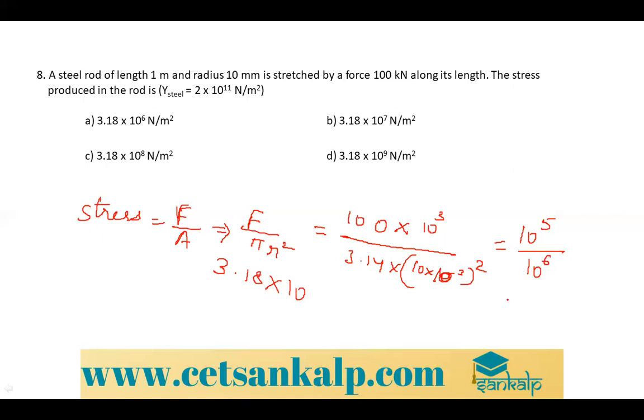So if the decimal shifts up, it becomes 10 to the power minus 1. If you shift that decimal also and solve further, I think you'll get the answer as option C. So just be patient while doing the numericals, concentrate on that, then you can solve it.